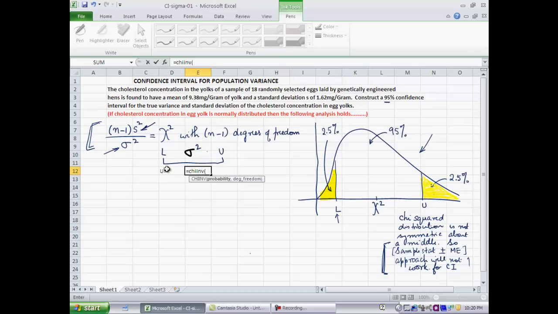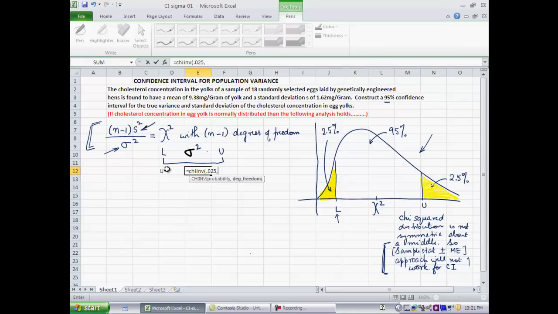Chi inverse. Now this is again one of those nuisances in Excel. For the chi inverse built-in function, the probability that I need to give is the probability to the right of U. This is quite the opposite of what we had to do with the norm inverse function. So the probability to the right of U is 0.025. Why is it 0.025?